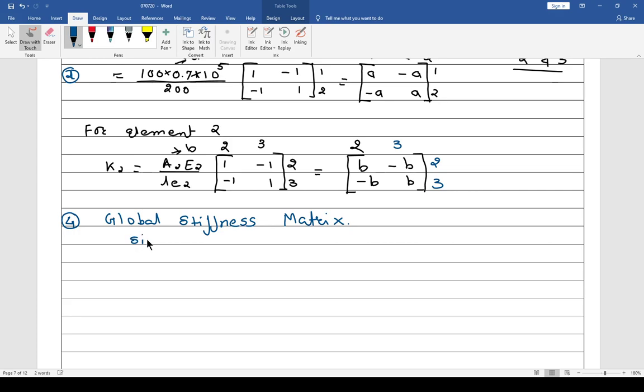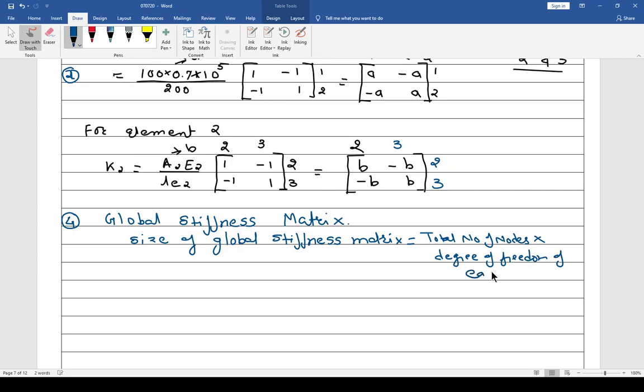First thing important, the size of the global stiffness matrix is equal to the total number of nodes into the degree of freedom of each node.